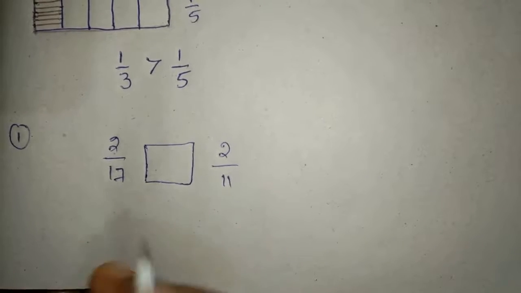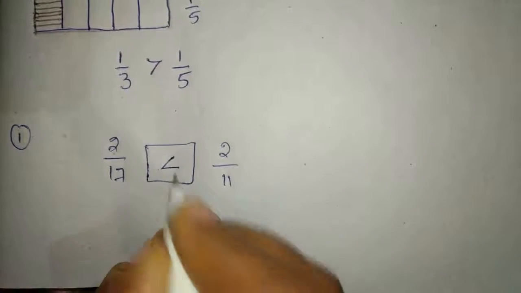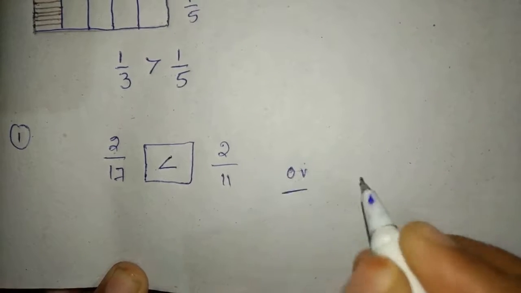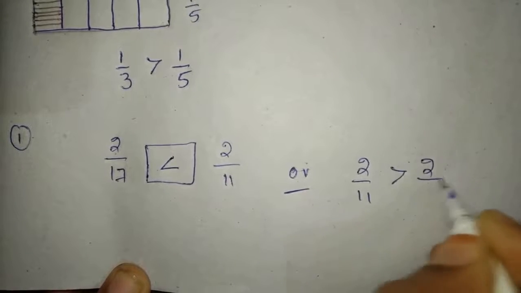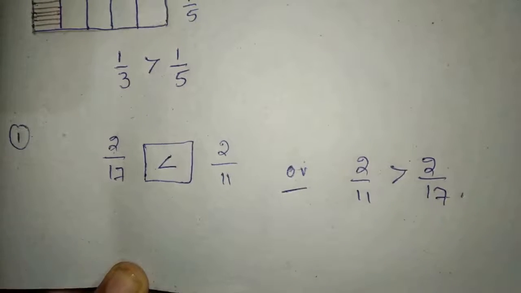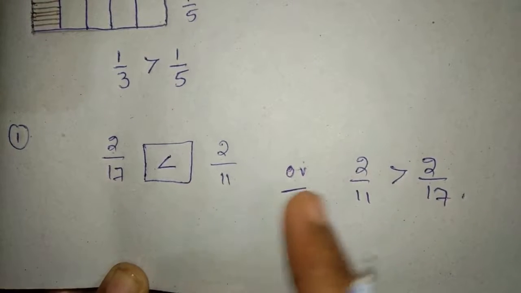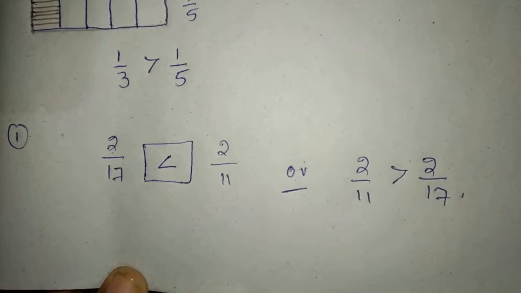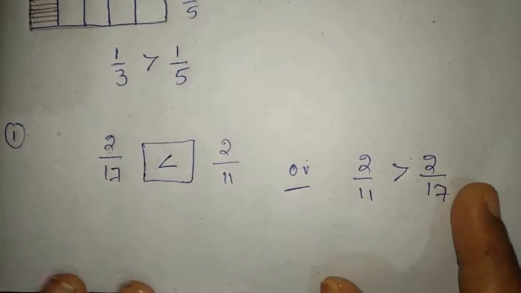So 2 by 17 is less than 2 by 11, or 2 by 11 is greater than 2 by 17. In this way we can compare any two unlike fractions with the same numerators.